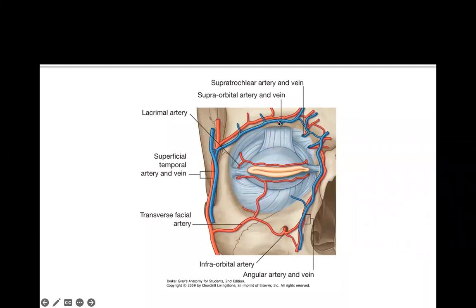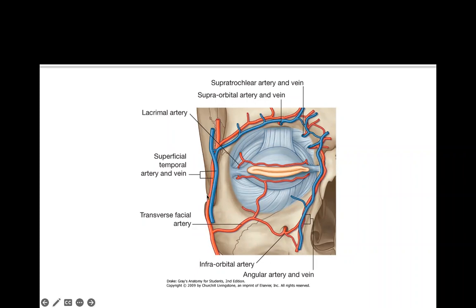Emerge. Okay, this is the inferior orbital artery. That is the angular artery and vein, which branch off the facial artery and vein. That is why you don't want to trouble your orbit.